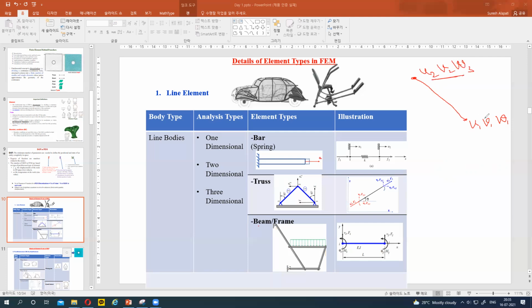So 3 displacements. This one is a truss element in 3D, but if we apply a load somewhere like this one, we also have to find rotation in x direction, rotation in y direction, rotation in z direction.